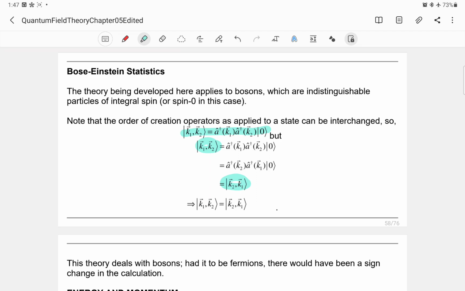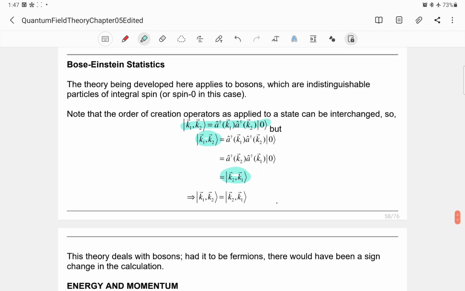So scalar particles are boson particles.